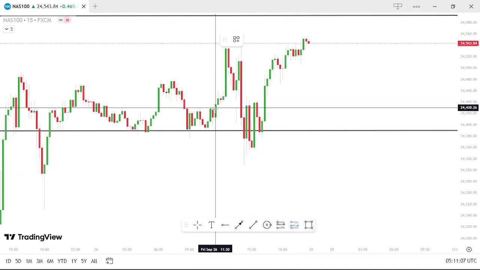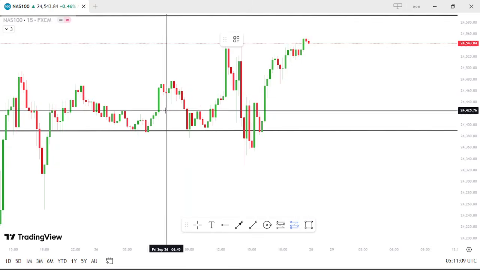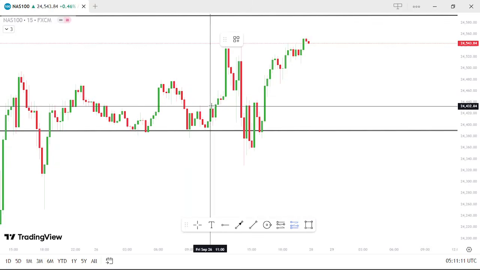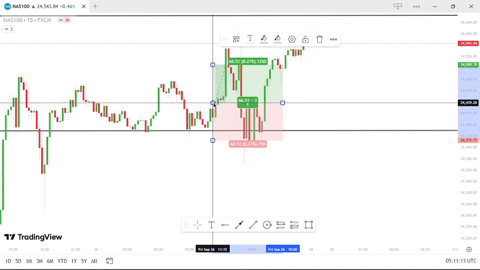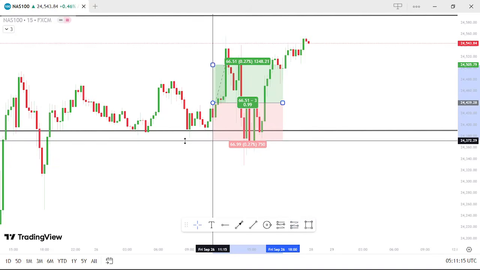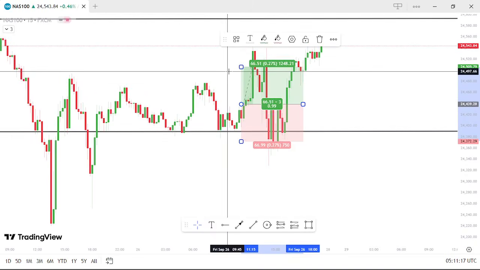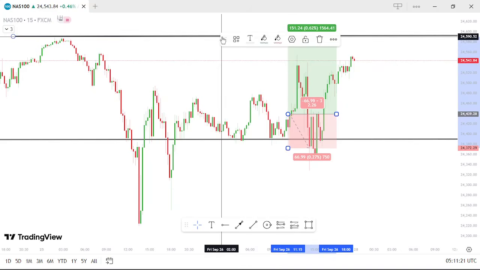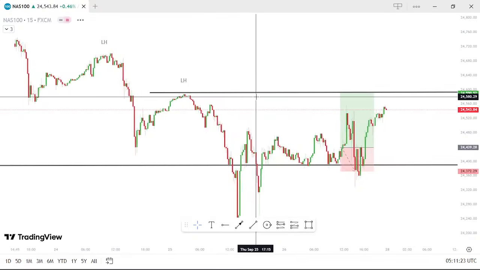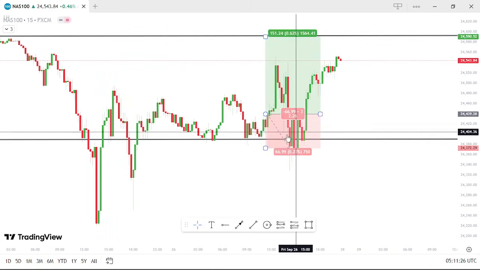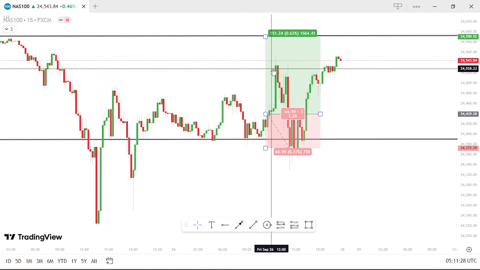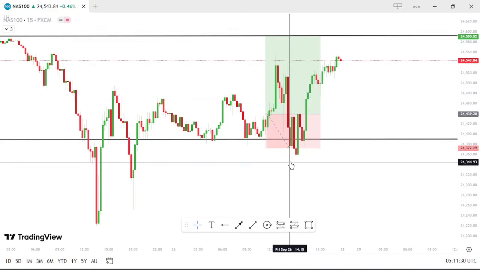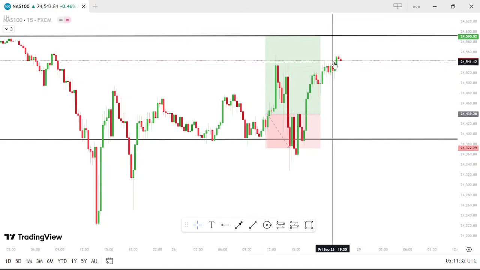Maybe as price takes out this level and starts making new highs, you get into a trade here, and you have your stop loss here, and you're targeting this high, or whatever the case may be. You're targeting higher, right? And then you watch how price takes you out and still starts going that direction.